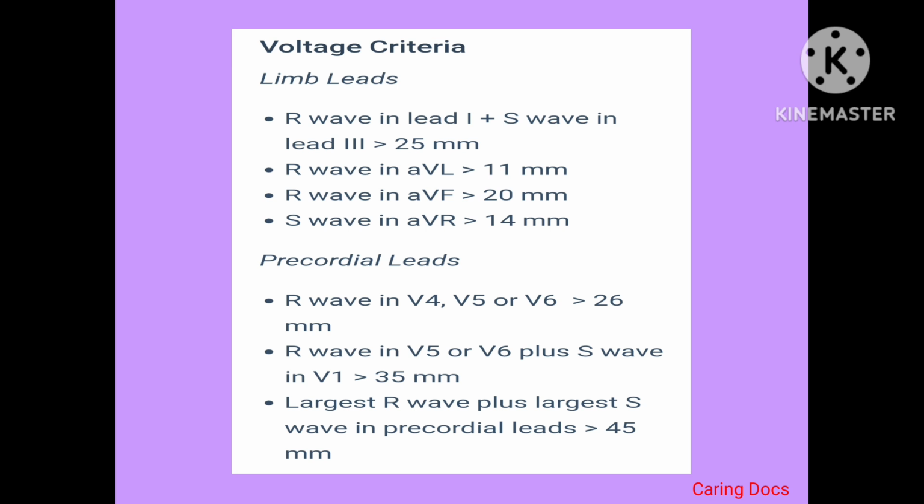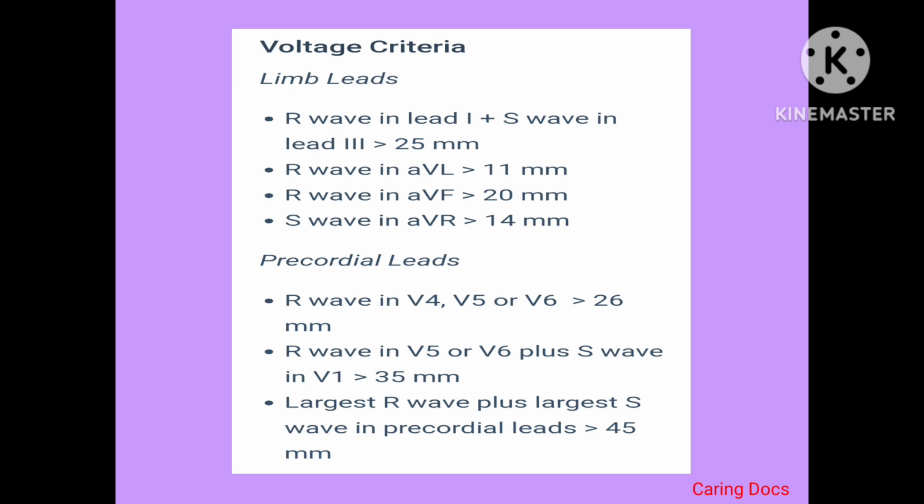In the limb leads, if the R wave in lead 1 plus S wave in lead 3 is more than 25 mm, or R wave in AVL is more than 11 mm, or R wave in AVF is more than 20 mm, S wave in AVR is more than 14 mm, then these findings also suggest left ventricular hypertrophy.